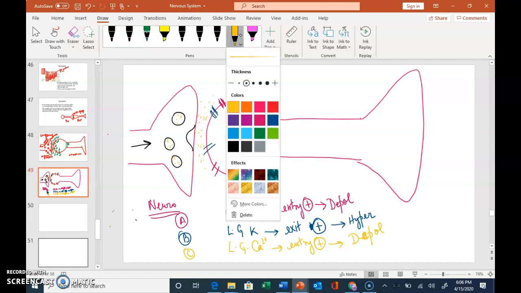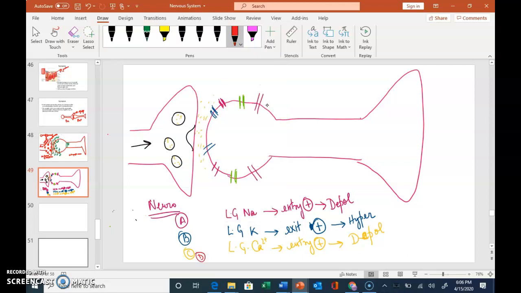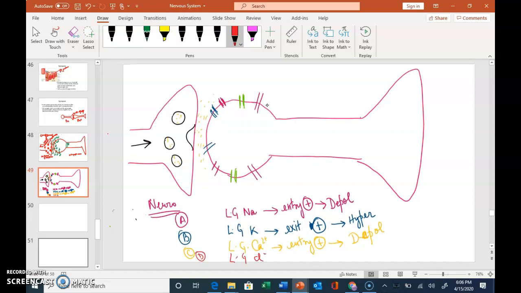We can also have D. We can also have ligand-gated chloride channels, and when these channels open, we will have entry of chloride, and if we have negative charge coming in, it will also be hyperpolarized. Does that make sense?